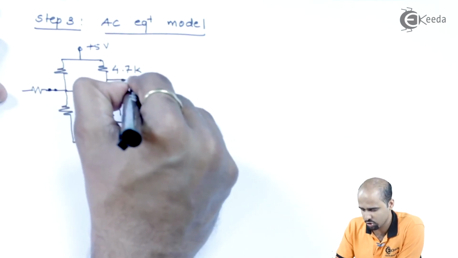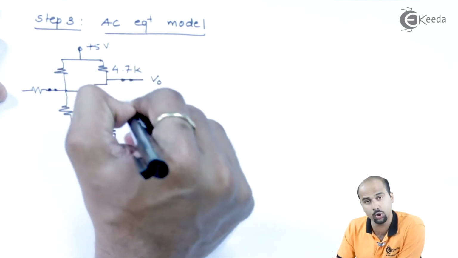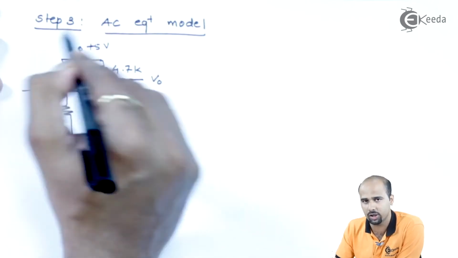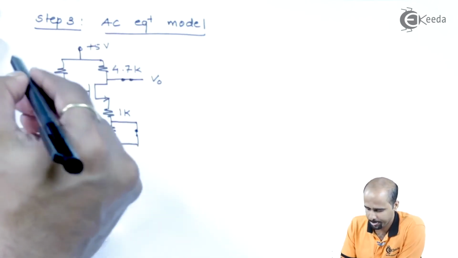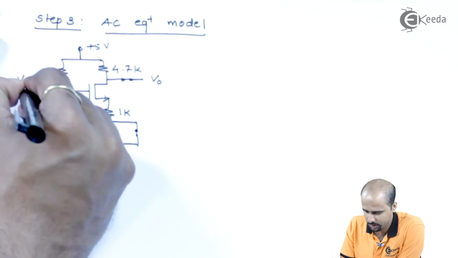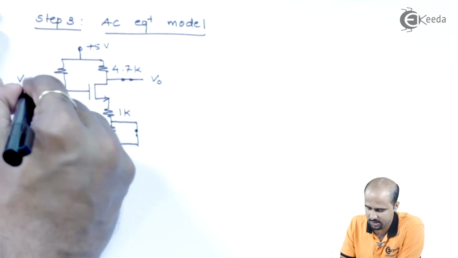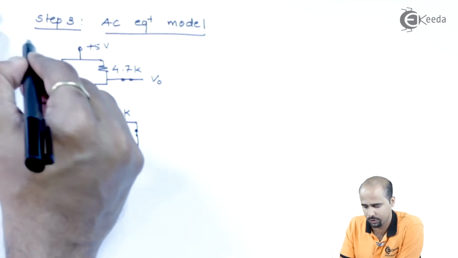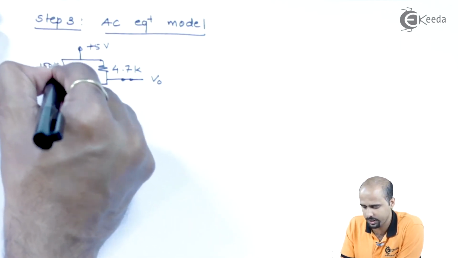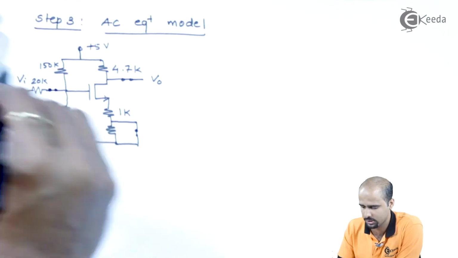This capacitor is also short circuited. So I can say that the output voltage is connected with the drain terminal of the MOSFET, and the input terminal is connected to the gate terminal of the MOSFET through one resistance having value 20K. Okay, 150K is R1 and 50K is R2.